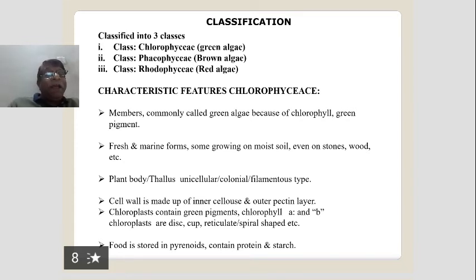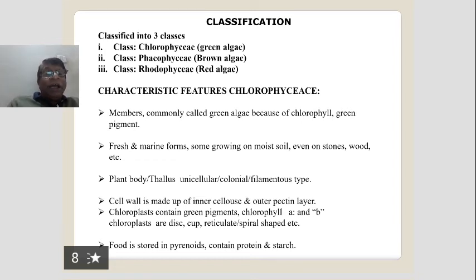One plant is there by name Zygnema. The chloroplast is star-shaped. Like that, it varies. The shape of the chloroplast varies. Maybe disc, cup, reticulate, spiral, star-shaped, etc.